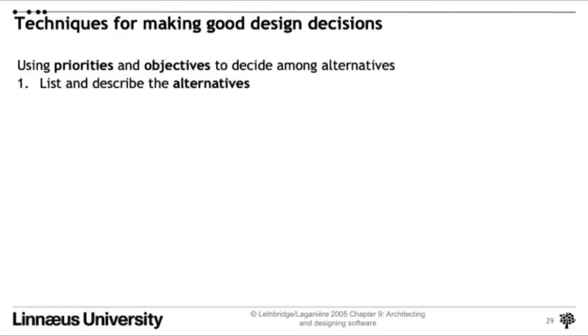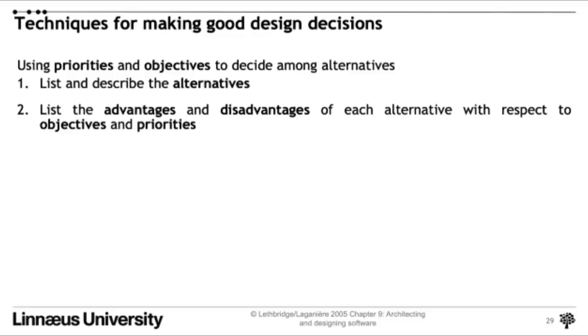Then list and describe all the alternatives that you have, among which you have to choose. It's very important. List and describe all the alternatives, and then you can list for each alternative all the advantages and disadvantages with respect to the objectives and the priorities that are stated in the requirements.